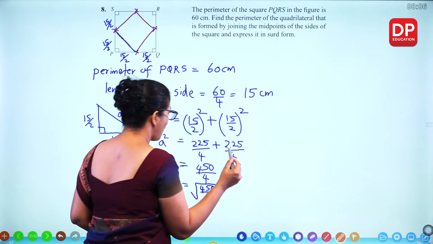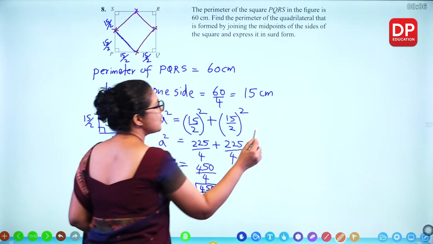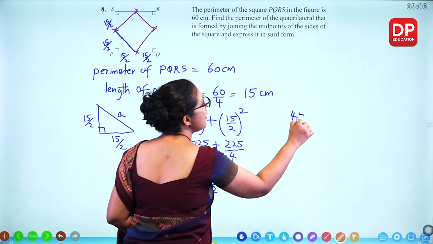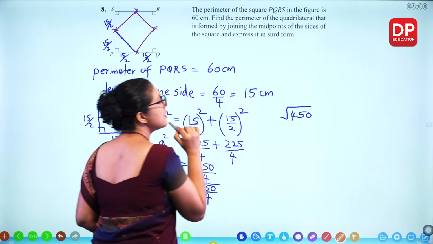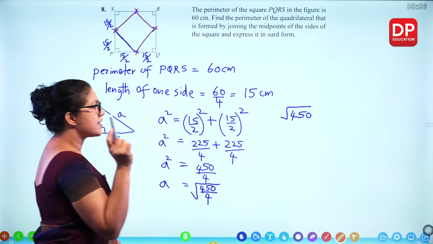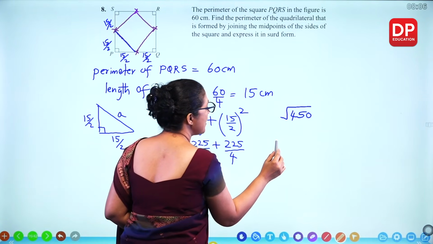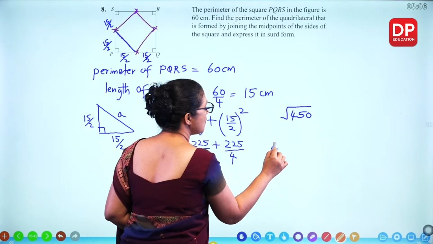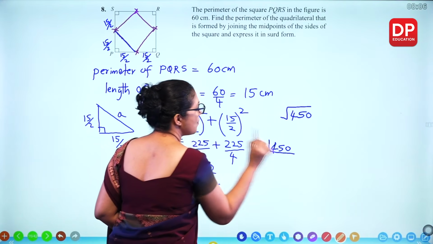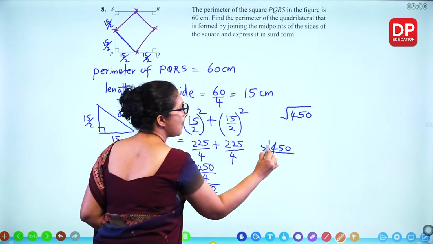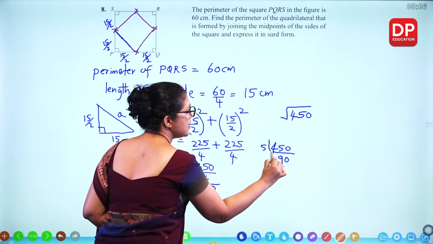What's the square root of 450? So we'll try to simplify 450. What's the square number we can write? We can write 450, divide by 5, we get 90.